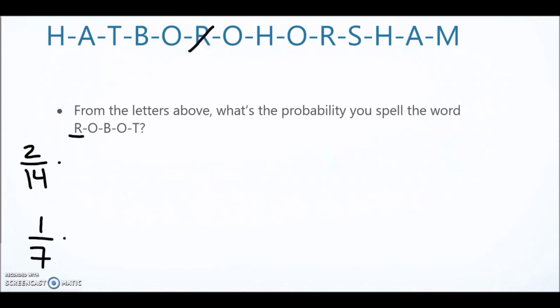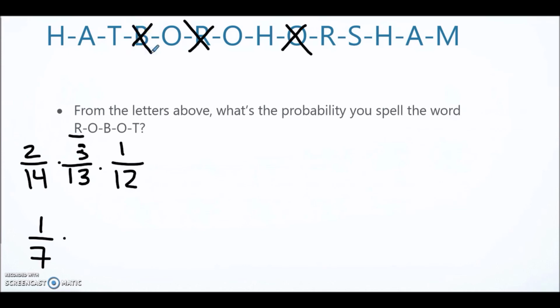So we pick an R. Awesome. We need to get an O. There are 3 O's out of 13 letters. I pick an O. Now I need a B. There is 1 B out of the 12 remaining letters.